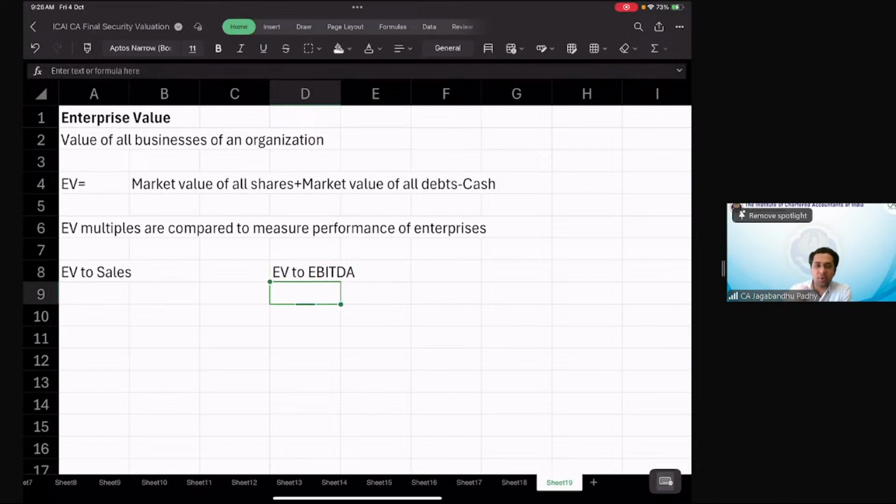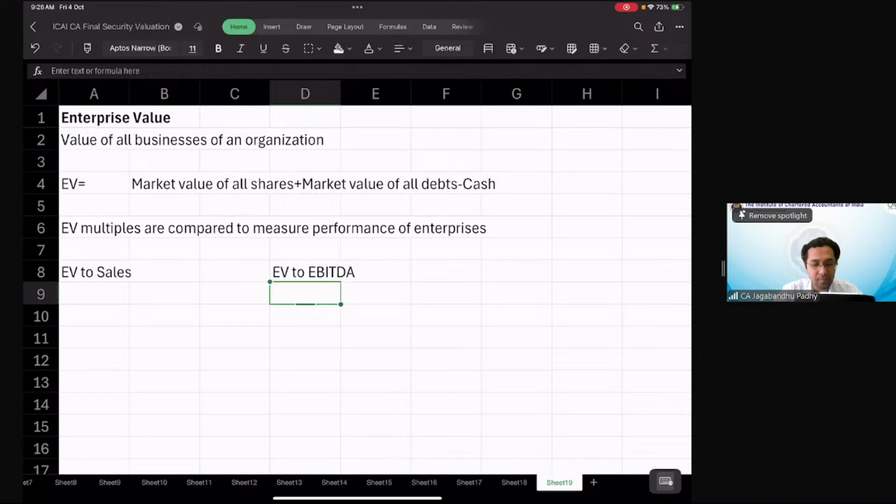Whatever EBITDA number we have is compared with the enterprise value to calculate the wealth that we have in the company, or the overall performance of the company in that case.